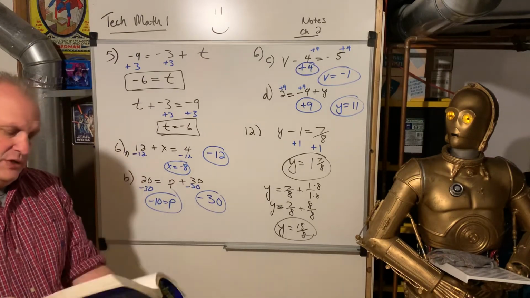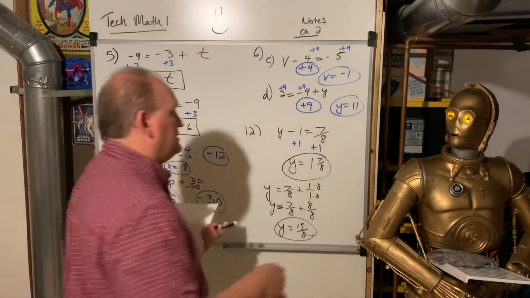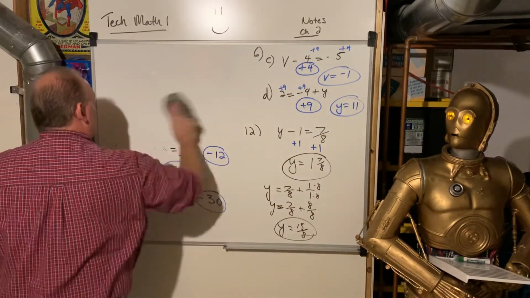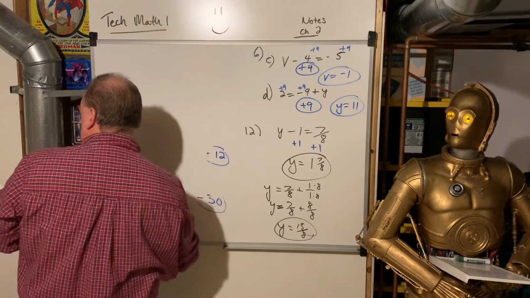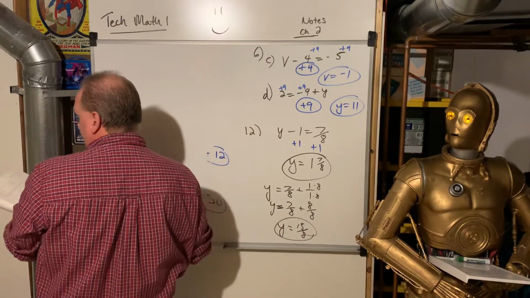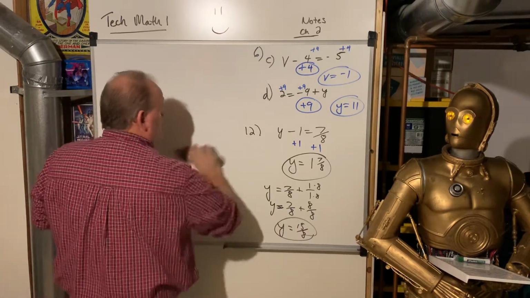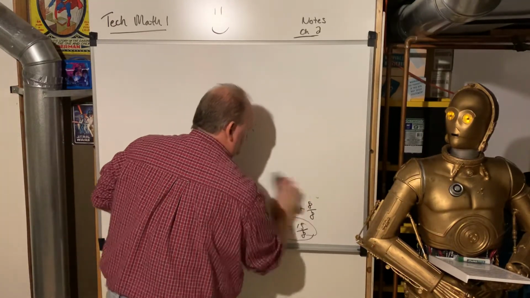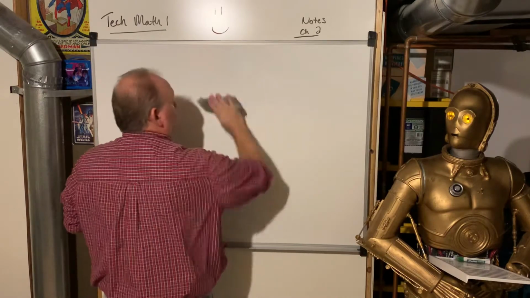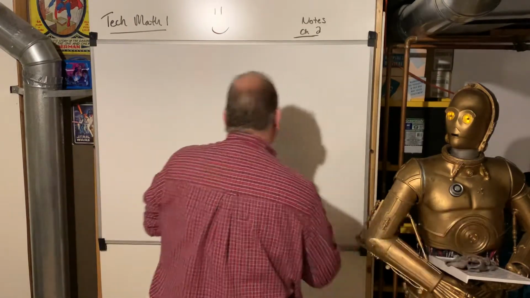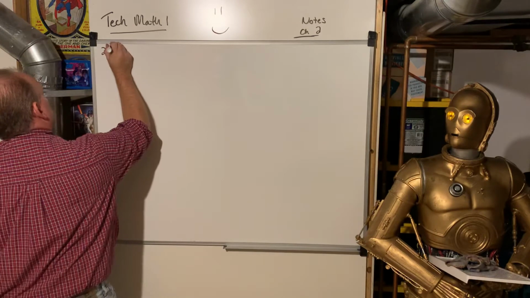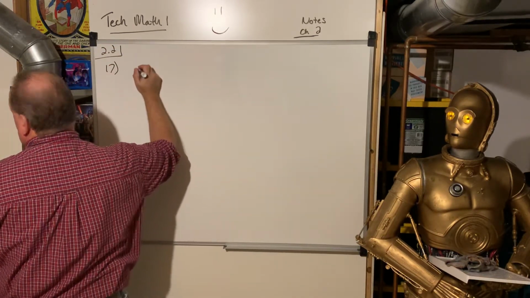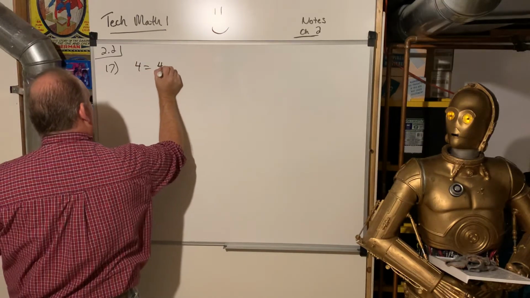Okay, let's look at 2.2. I'd like to jump to number 17. So we're looking at 4 is equal to 4x.